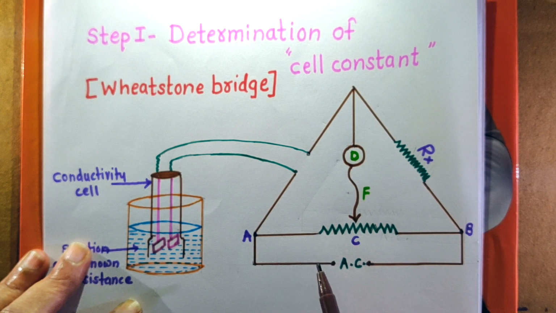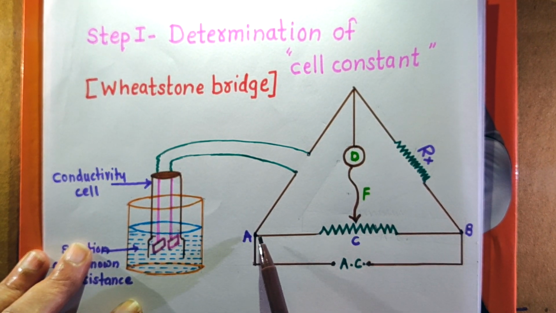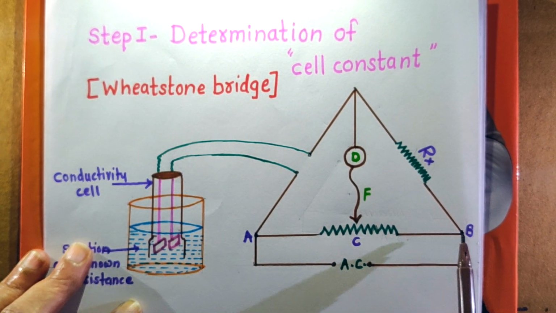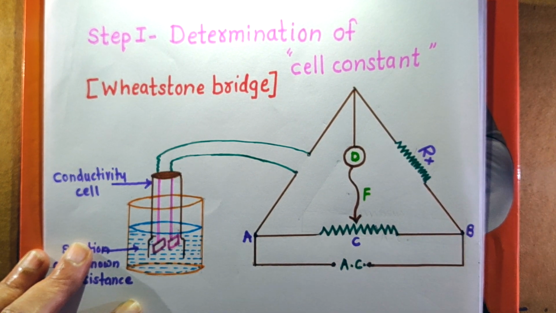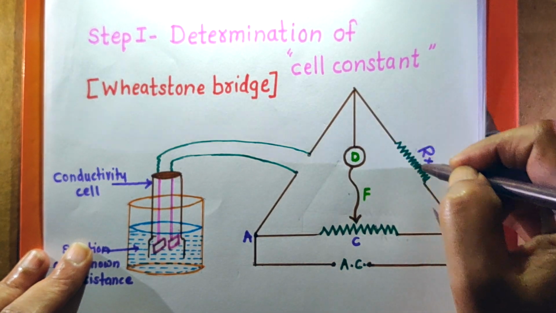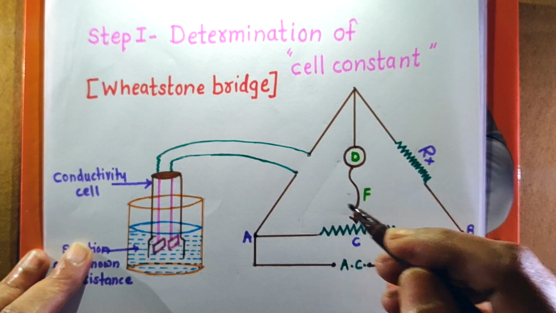Here we have one uniform wire, that is, a metallic wire of uniform diameter. These 2 points are denoted by A and B. Here Rx is the resistance which is fixed and it is variable.